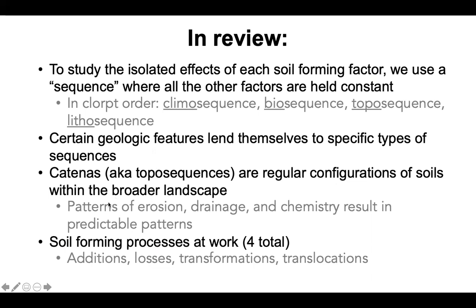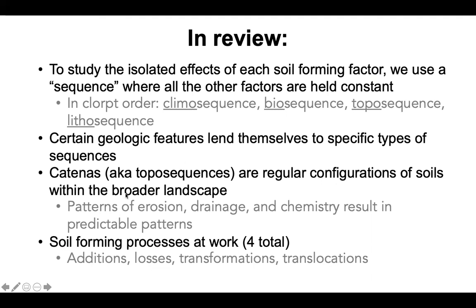Now, we rely on those toposequences so often, and have studied them so well, we gave them a specific name called catenas. And catena refers to these regular configurations of soils within the broader landscape. So we found lots of consistent patterns of different soils across a landscape according to their landscape position. And that happens because of patterns of erosion, right?